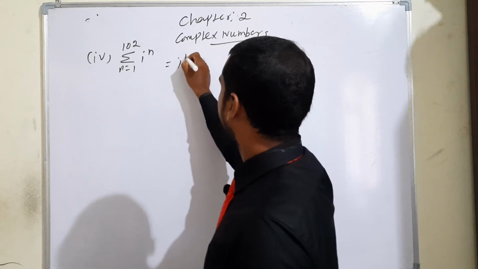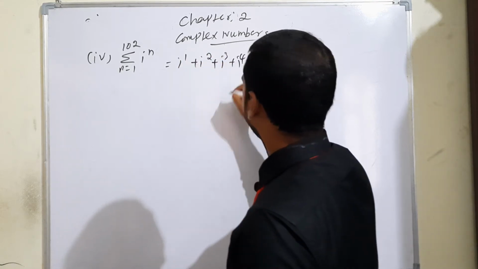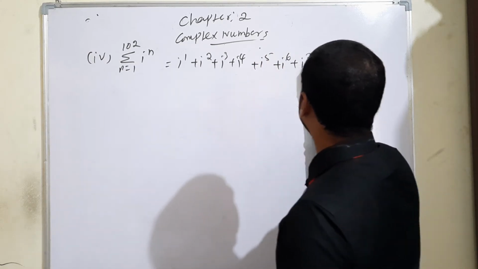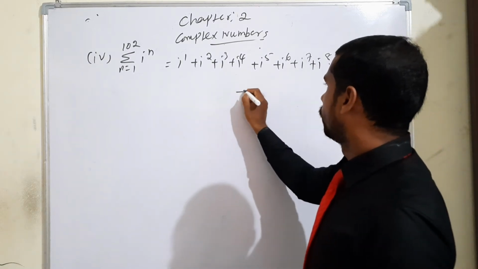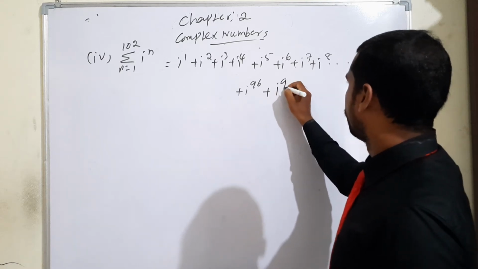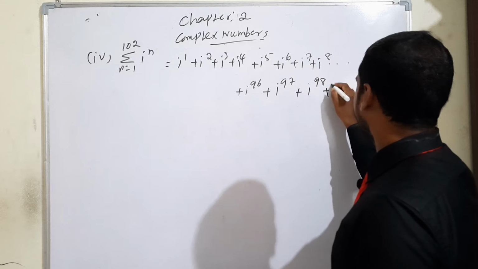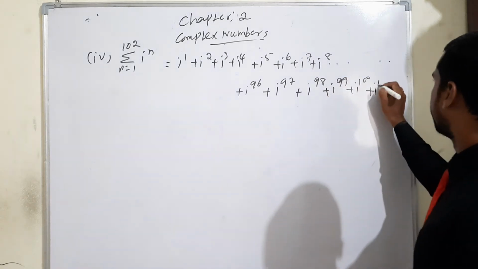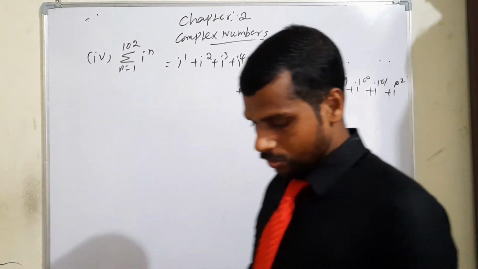What will happen? i to the power 1, i to the power 2, then i power 3, then i power 4, then i to the power 5, then i to the power 6, i to the power 7, i to the power 8, dot dot dot. The last ones plus i to the power 96, then i to the power 97, then i to the power 98, i to the power 99, i to the power 100 plus i to the power 101 plus i to the power 102.